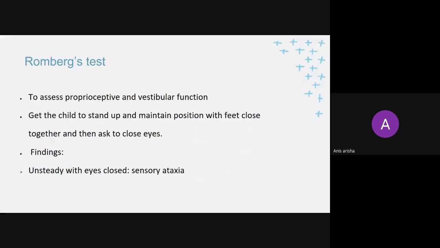Before assessing the gait, we can assess the Romberg test. The Romberg test is mainly to assess proprioception and vestibular function. We get the child to stand up and maintain position with feet close together, and then ask them to close the eyes.